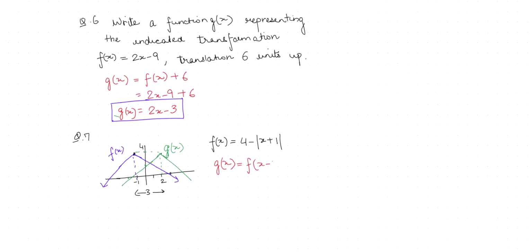We see that f(x) is the same, but the value is 4, but it has moved right 3 units. So this would be f(x) minus 3. So 4, and in place of x, we will write x minus 3, because it has moved 3 units right. It is a horizontal translation of 3 units right.